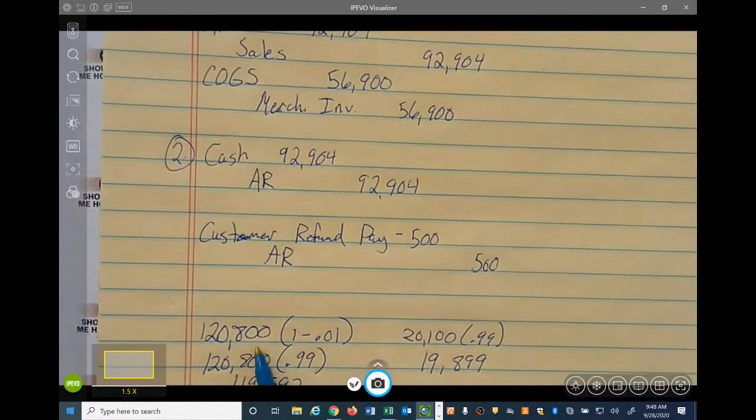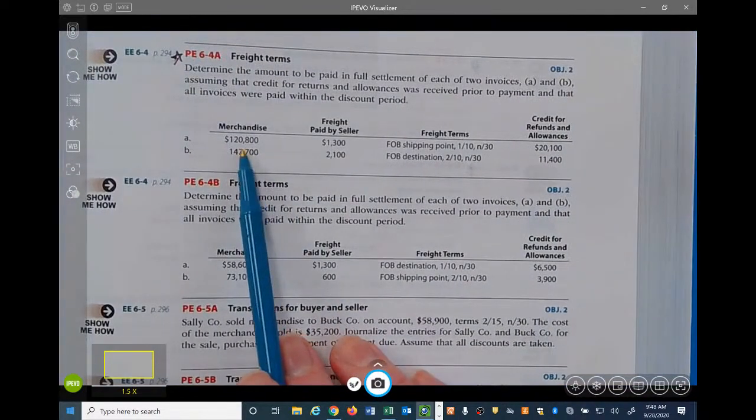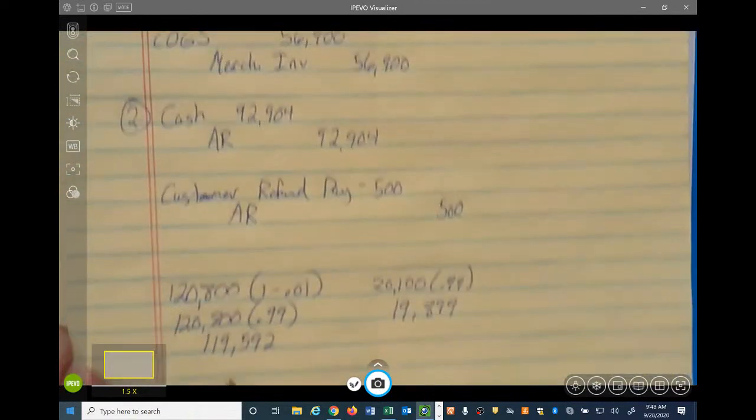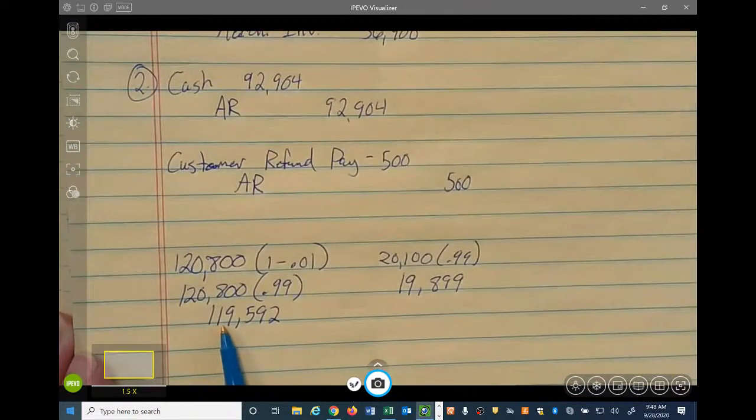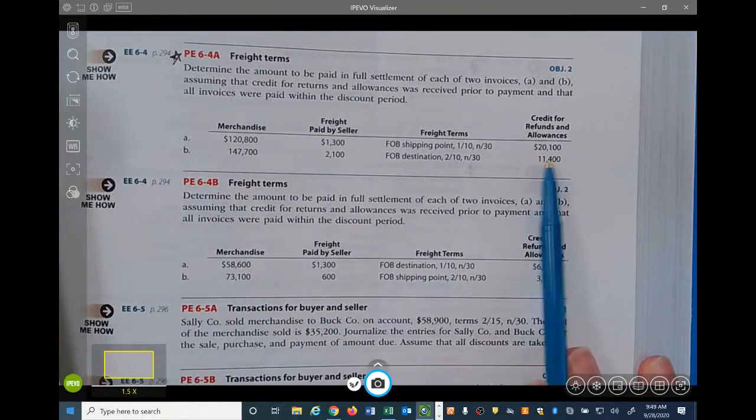So what we're going to do is take this amount, the gross amount that we purchased the inventory by, less the 1% discount, which is this right here, okay? The allowance, the 20,100, we add that, okay? Minus the discount.